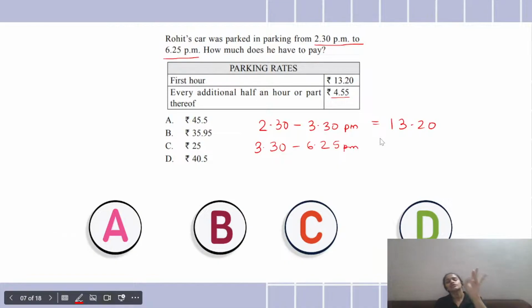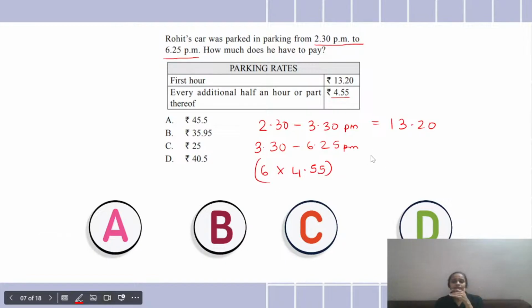3:30 to 4, 4 to 4:30, 4:30 to 5, 5 to 5:30, 5:30 to 6, and again 6 to 6:30. 6:25 basically, so it's counted up till 6:30 only. So it was 6 times half an hour. So you have to multiply 6 by 4.55.